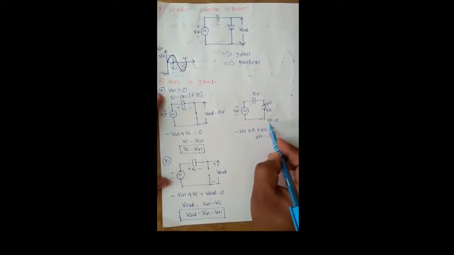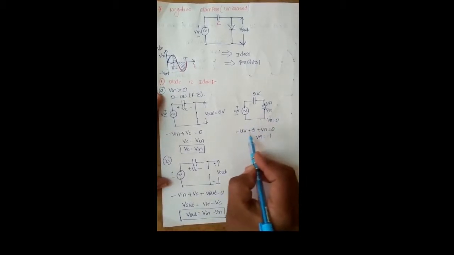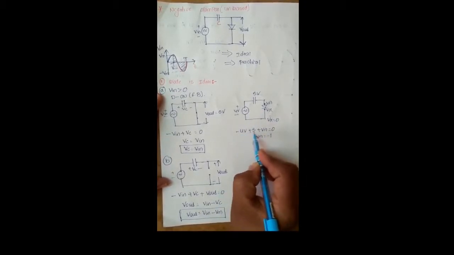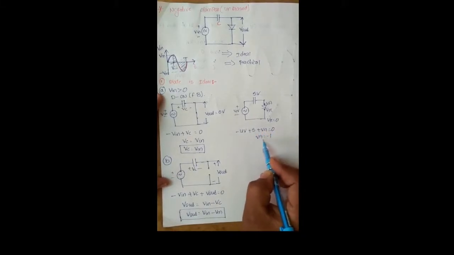Therefore, we assume the cathode voltage equals 0 volts. Now we apply KVL in this circuit. Then we get the equation minus 4 volts plus 5 volts plus V equals 0. Therefore, the anode voltage equals minus 1 volt.